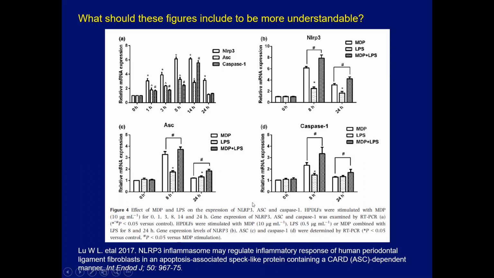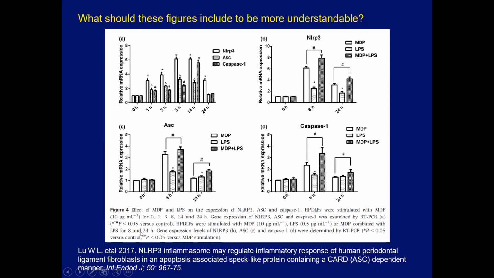Okay, so they try to present the mRNA expression of those markers following different times of treatment, or manipulation, with those LPS or MTP. So they put each one separately as a separate graph following the time of treatment, and it is presented very successfully.